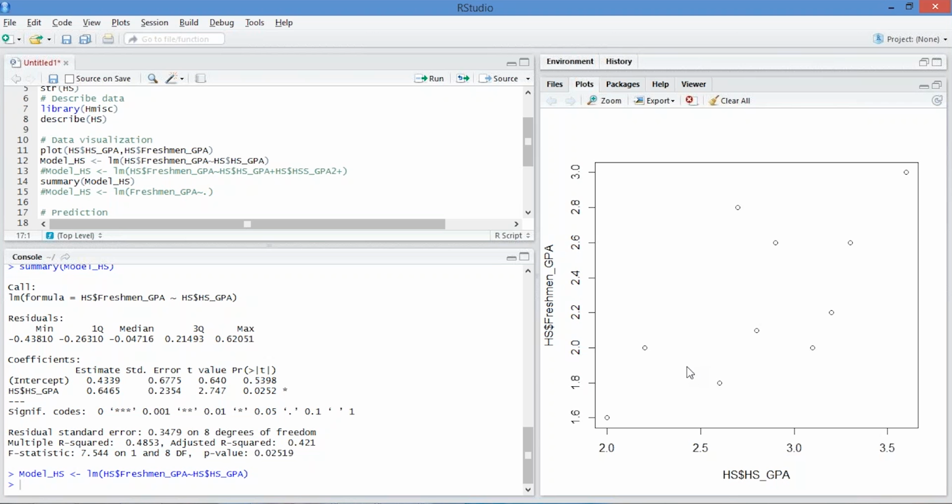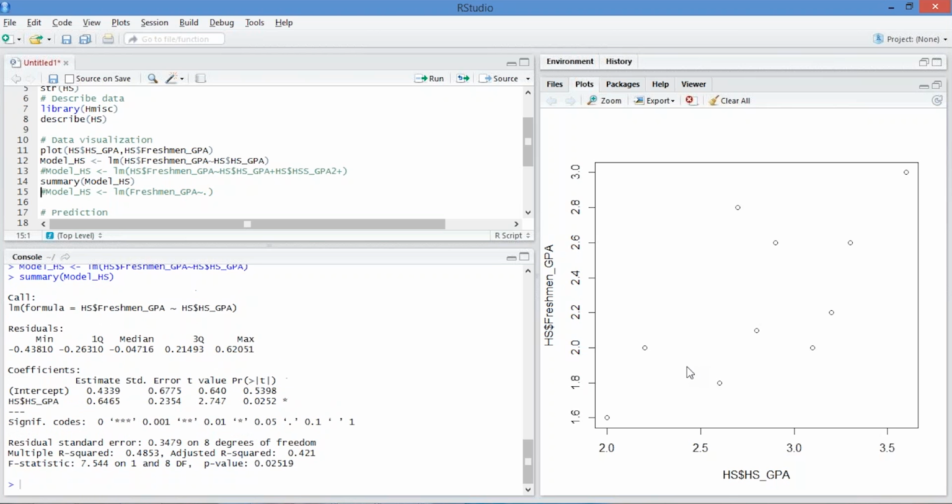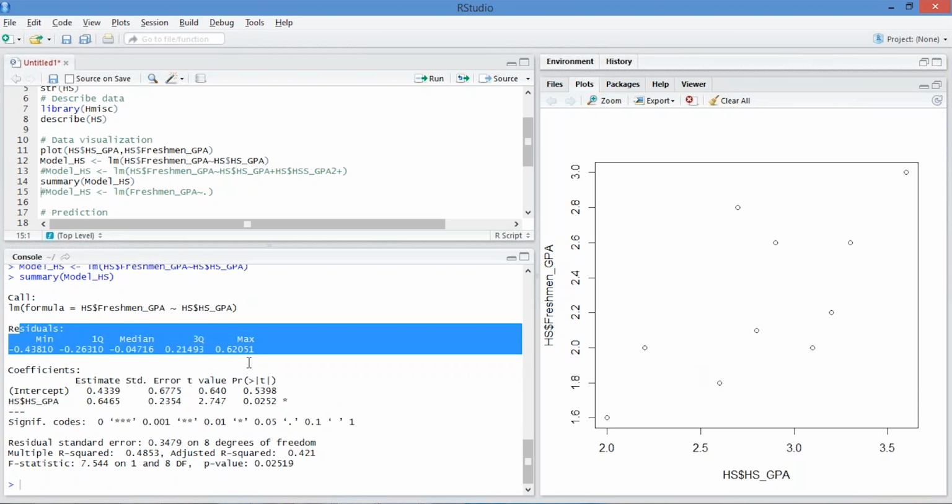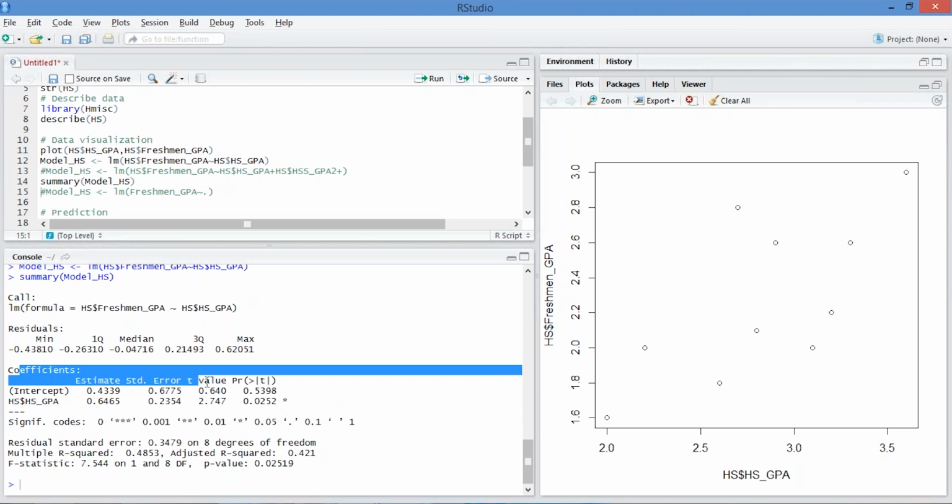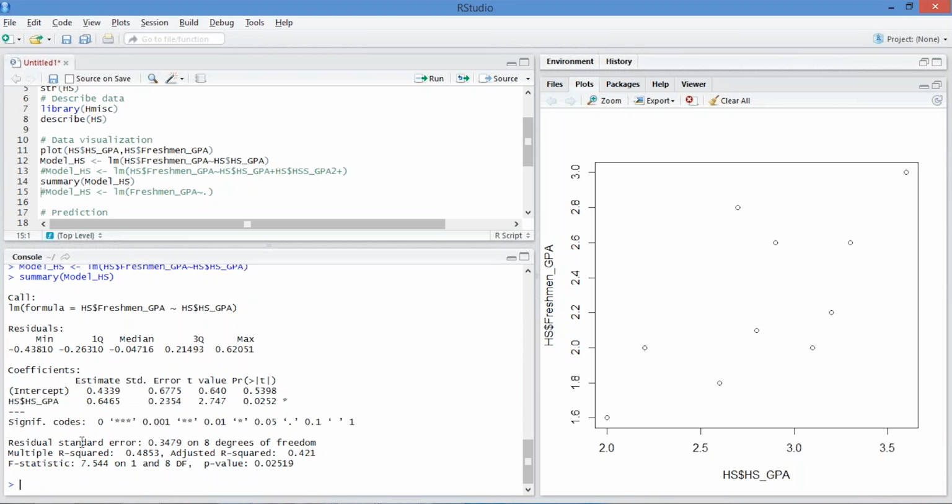So let's see what is getting outputted here. This is what I'm curious to know, right? Can you see the output? If I need to interpret what I have from the LM, this is what I'm getting: residuals, median, max, coefficients, intercept, significance, residual error.